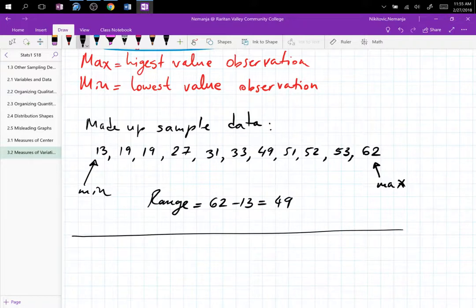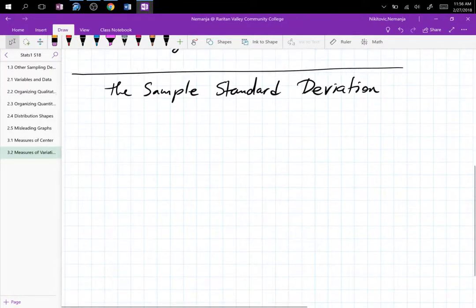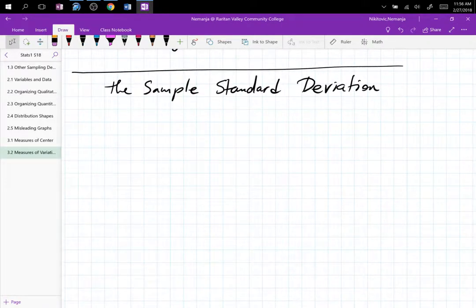The next concept is the sample standard deviation. We would like to look at the variance of the data with respect to the mean value of the data set.